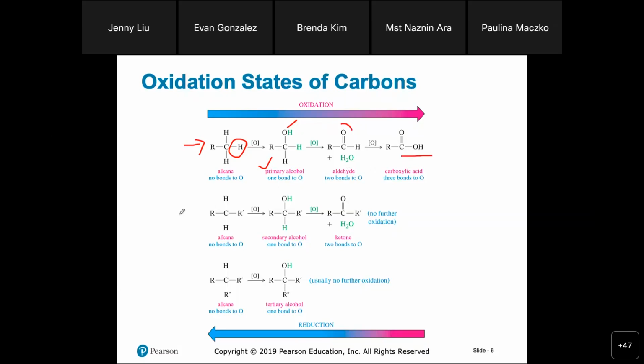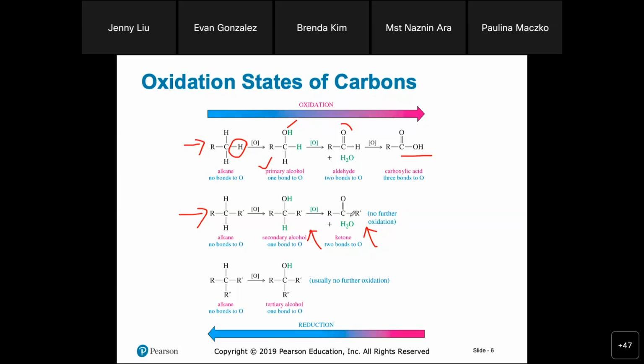In the case of a secondary alcohol, we will find a ketone. In that case, you can see there is no further oxidation. Why? Because this is a secondary alcohol, which means two alkyl groups, and there is no more hydrogen left.